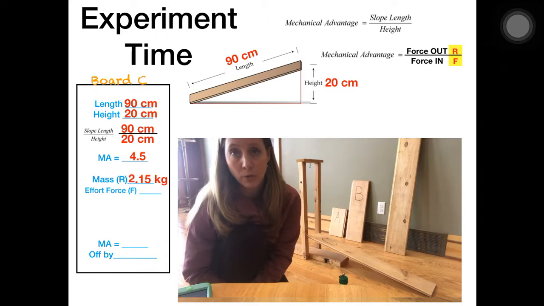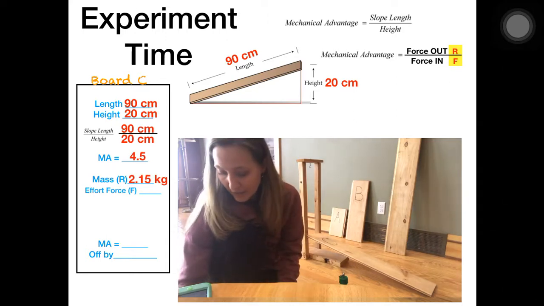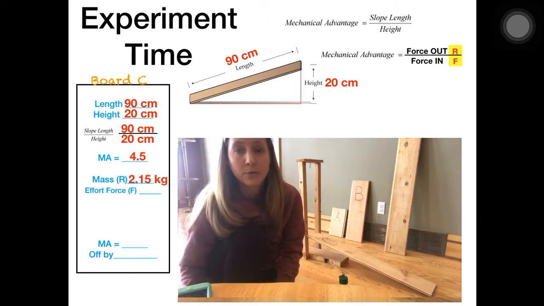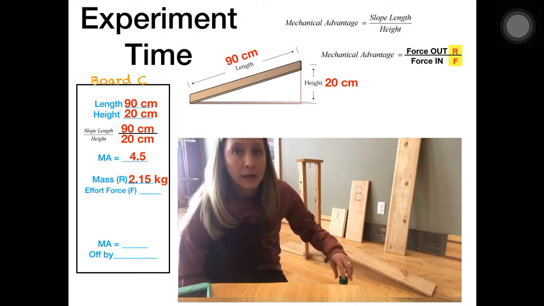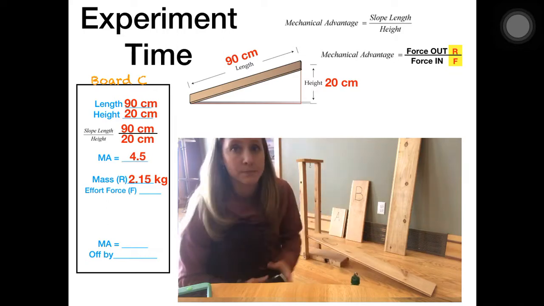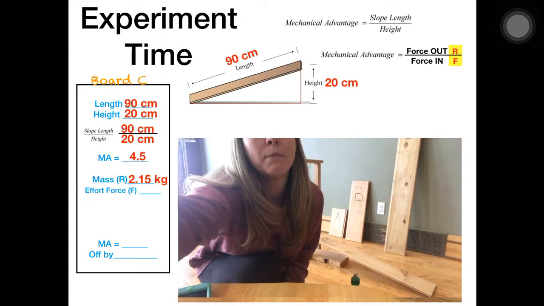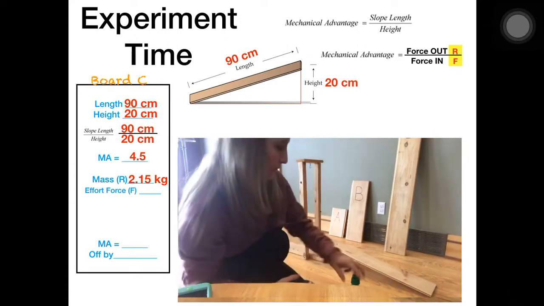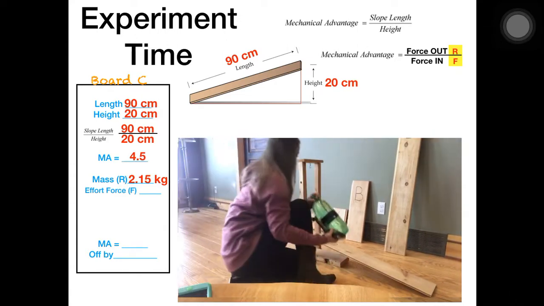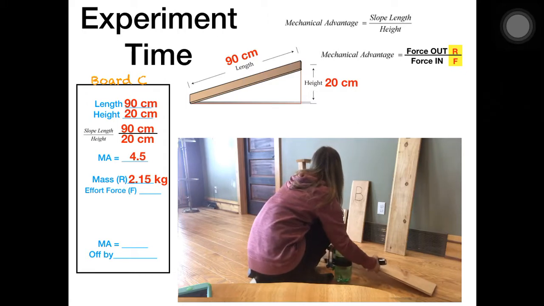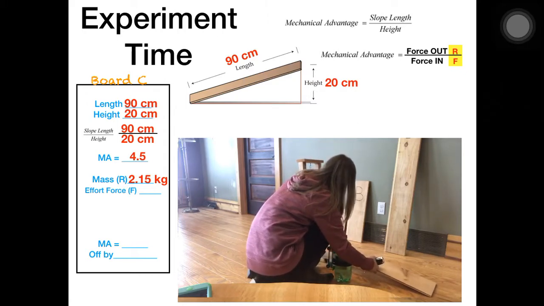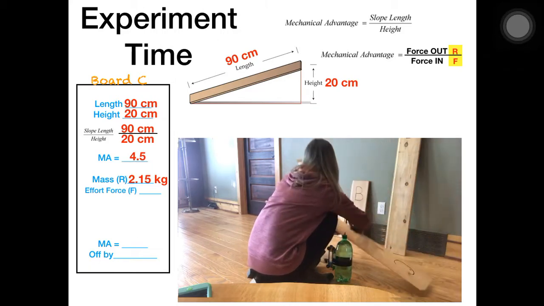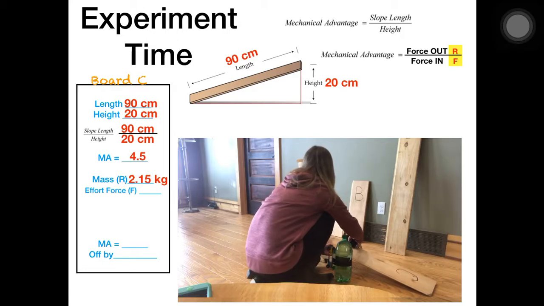That is 2.15, so we had that taken care of the first time around, so that has not changed any, and we're going to go ahead and pull it up our ramp here, okay? So make sure that the board is secure. I'm going to spin it around so it'll work better for us.